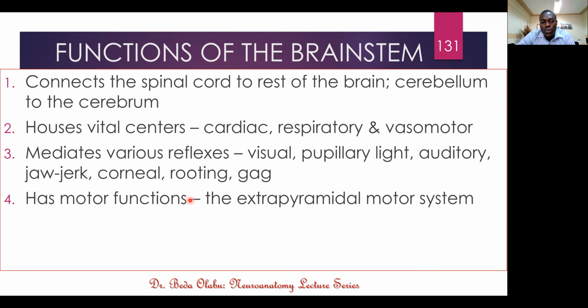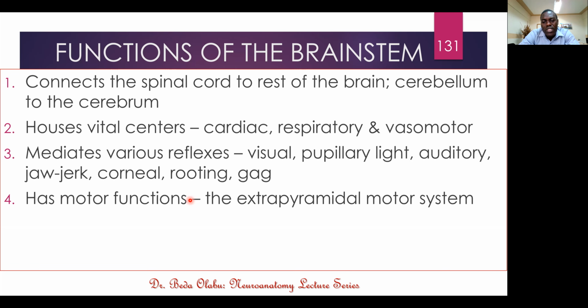The neurons which come from the brain to control muscles can either come from the cerebral cortex or regions outside the cerebral cortex. The ones which come from the cerebral cortex are what we call the pyramidal system. That's why the pyramids of the medulla were called so, because they contain corticospinal tracts.